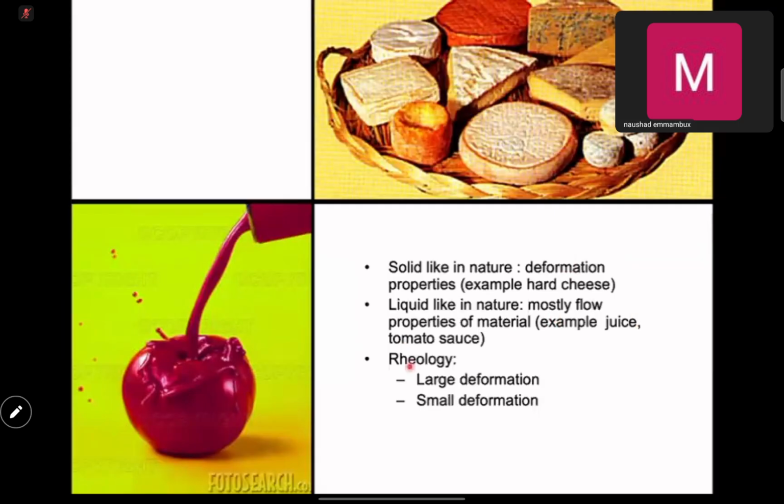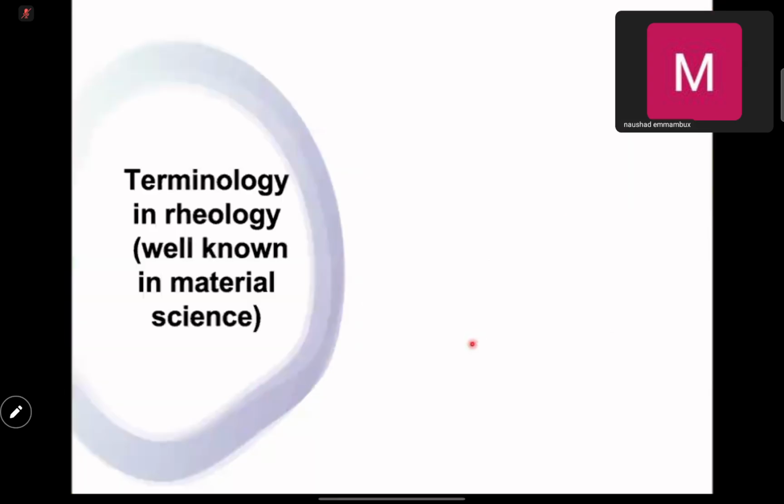When you talk about rheology, there's two types when you do the measurement or when you understand the science. It's called large deformation and small deformation. We will explain to you what is the difference between the two.